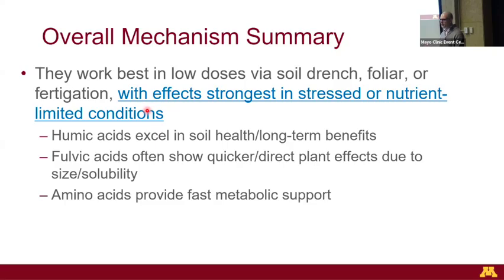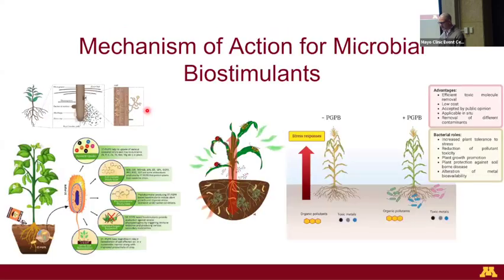And the longer you apply, they have this build-up effect: in soil with low organic matter, the more organic matter you put in, the more it accumulates, and therefore the effects are going to be better as time goes by and the more you use them. And then the fulvic and the amino acids work better when they're leaf applied, and they will have some impact on the metabolic activity of the plant, supporting energy production and efficiency.